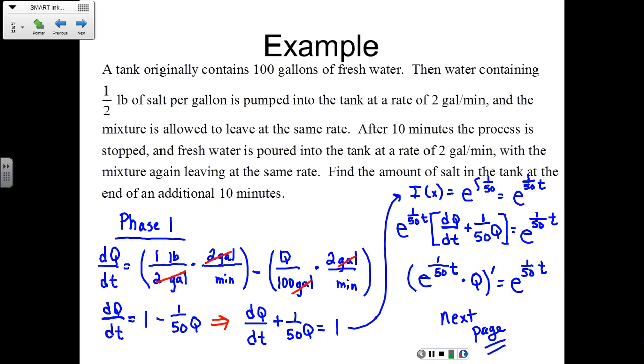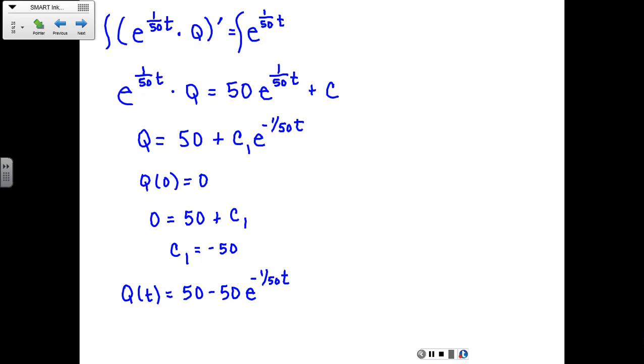So let's go back here and do one more thing. After 10 minutes, if I plug 10 in for t, that's going to make that negative 1/5.